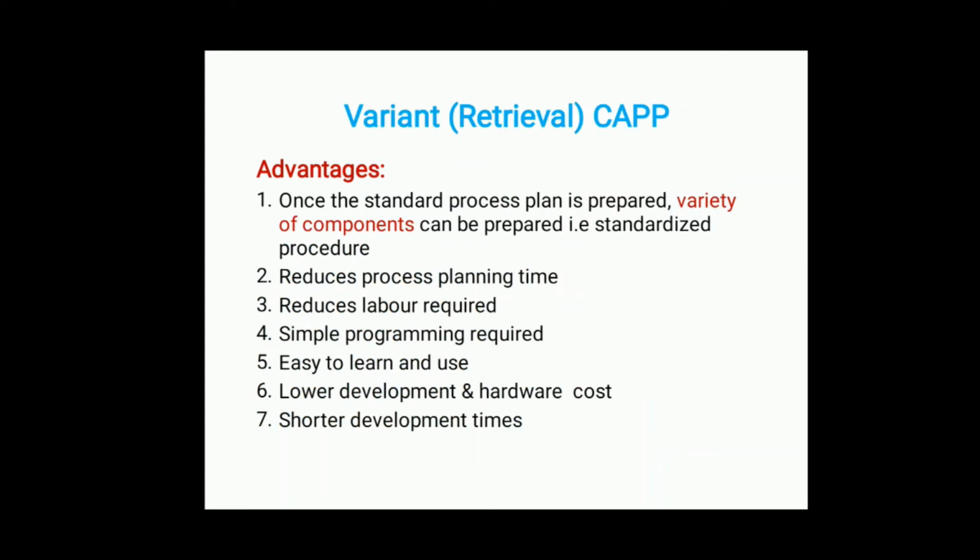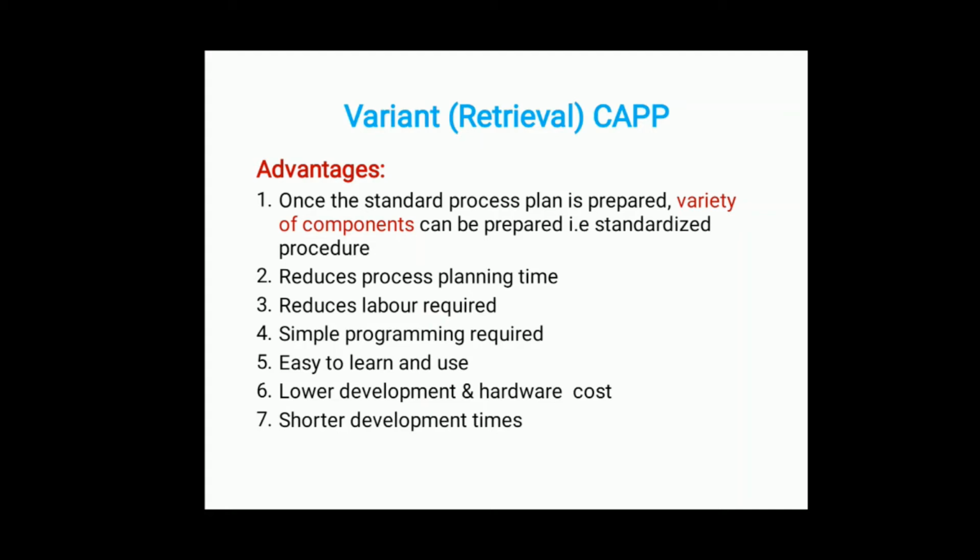First advantage is that once the standard process plan is prepared, a variety of components can be prepared. That is a standardized procedure. Before manufacturing any part, we have to make one standard process for that component.